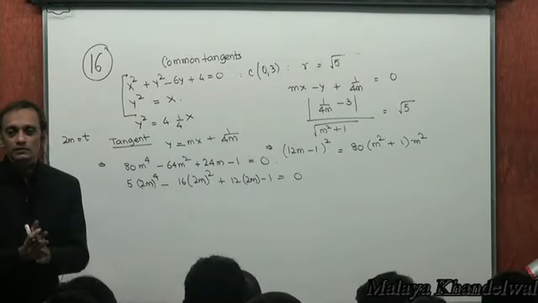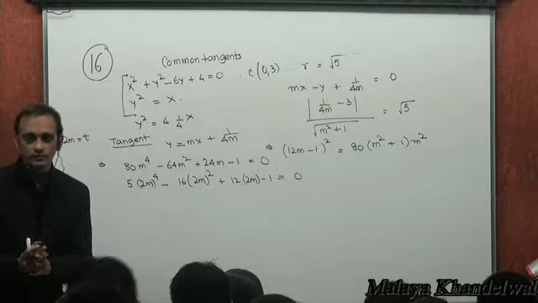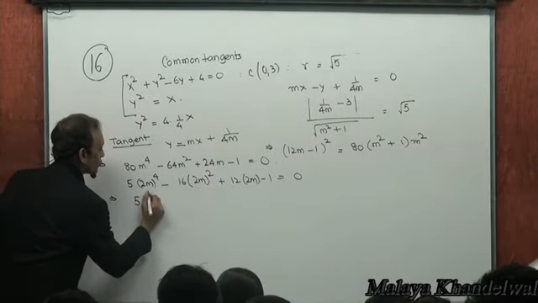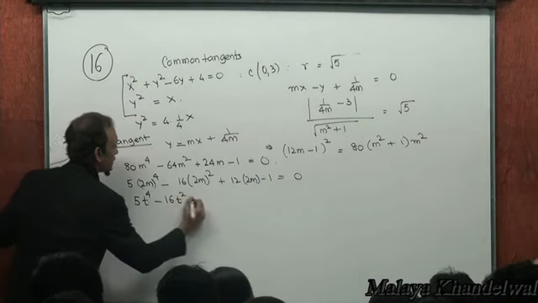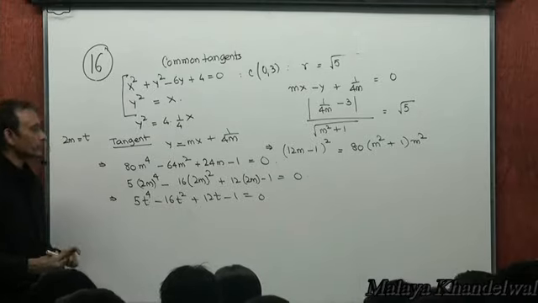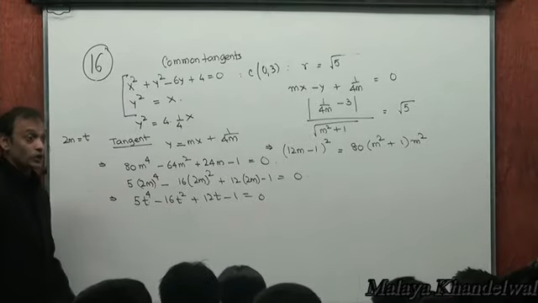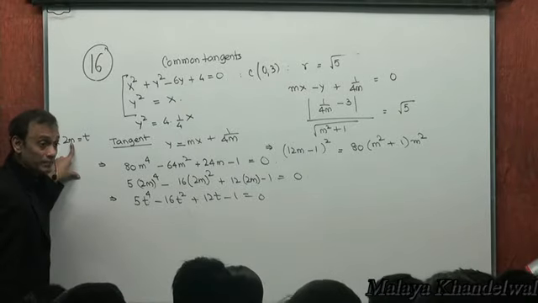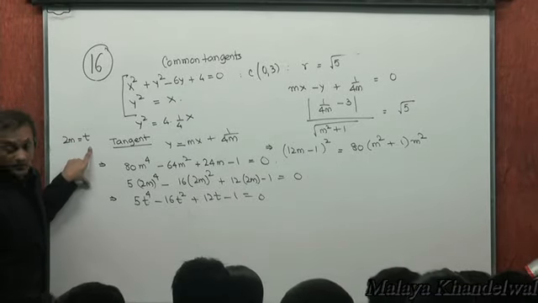These are manageable coefficients. Okay. So then I end up getting 5t to the power 4 minus 16t squared plus 12t minus 1 equal to 0. Right? So I need to solve for t. Each value of t will give you a corresponding value of m, given 2m is t.